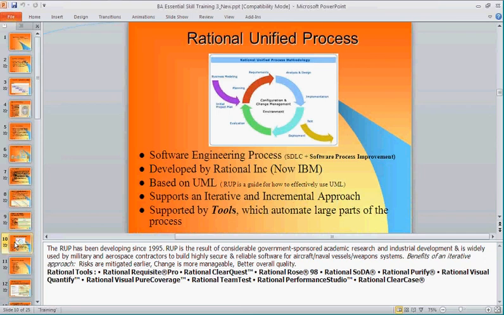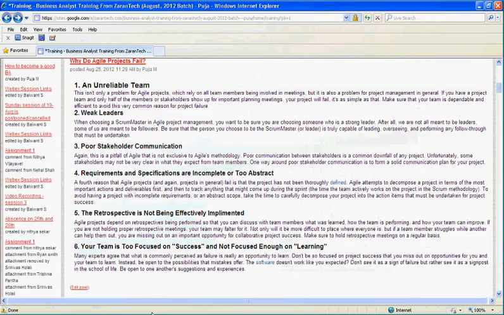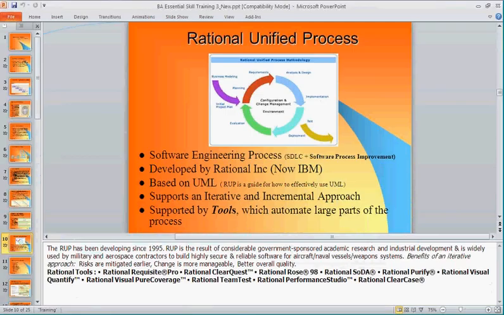Yes or no? So in order to improve the quality of the product, do you think if I improve the process itself, the quality will go up? Yes. And that is why Rational proposed the 2 dimensions to RUP.